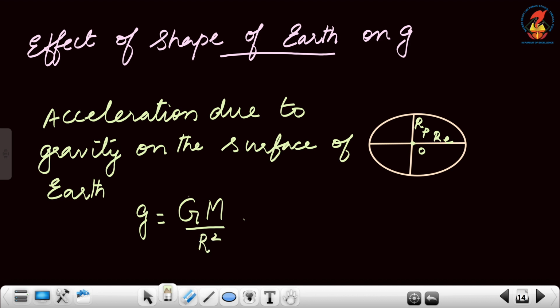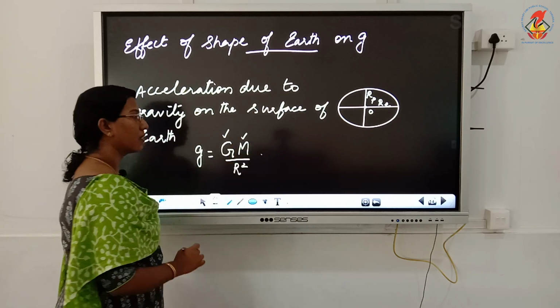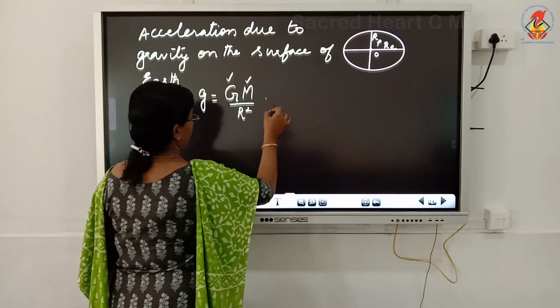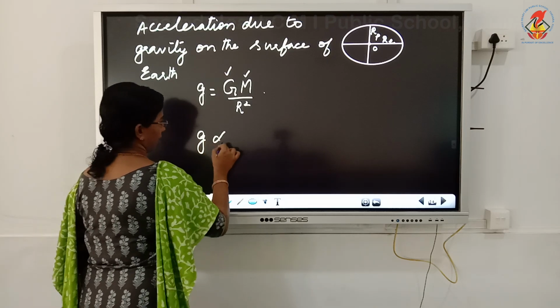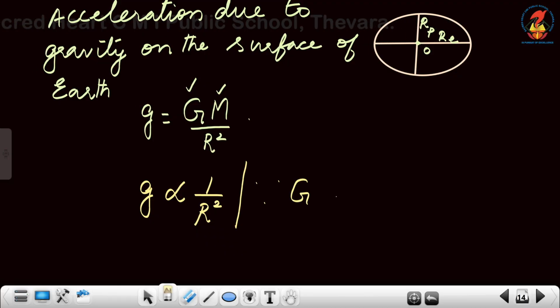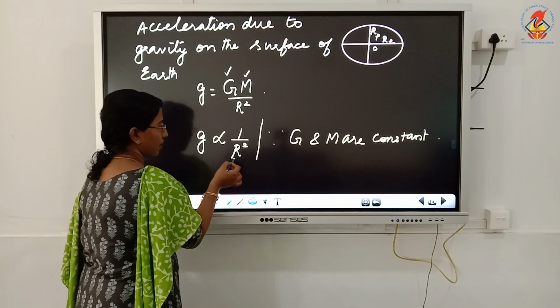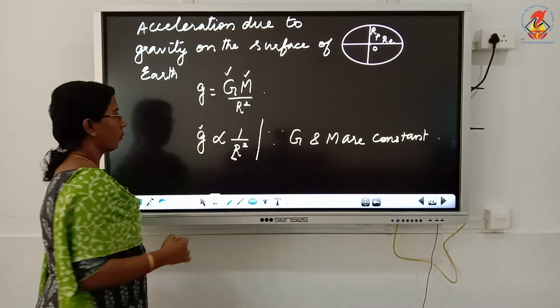Now we all know G, capital letter G, is a constant, and M, the mass of the earth, is also a constant. Hence we can write g proportional to 1 by R square. Why? Since capital G and M are constants. So if the distance from the center of the earth to the surface varies, definitely g will also vary.